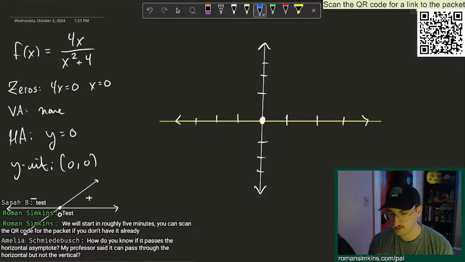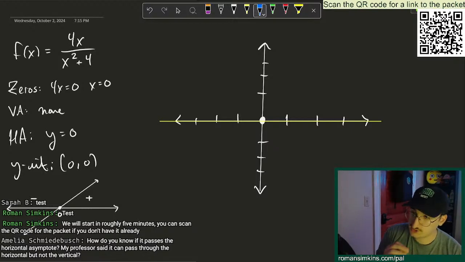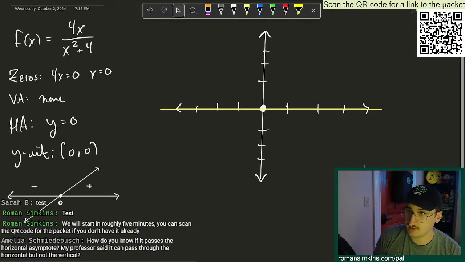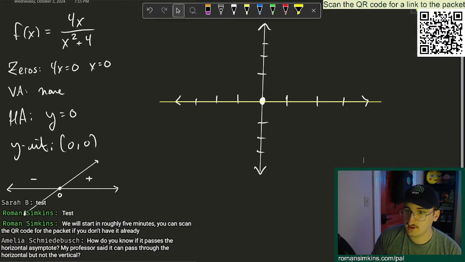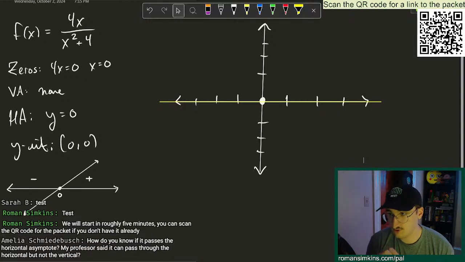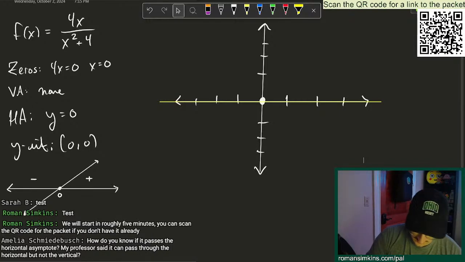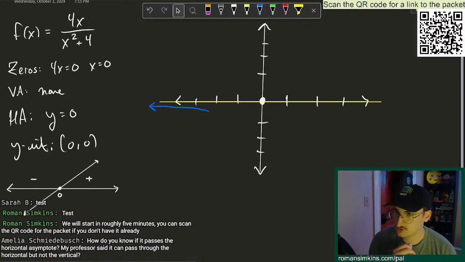When I say locally, I just mean near the origin, right? So we need to start negative by our sign diagram. It's kind of covered up by the chat, but let me move it there. So we want to start locally by that sign diagram, or start negative, sorry. We're going to start traveling in close to the asymptote.